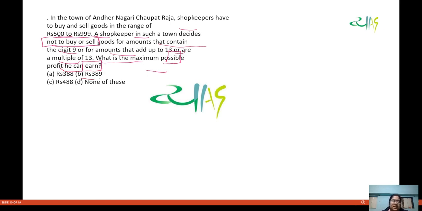What is the maximum possible profit he can earn?